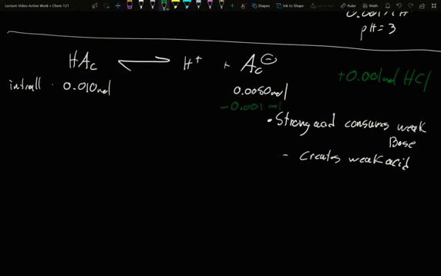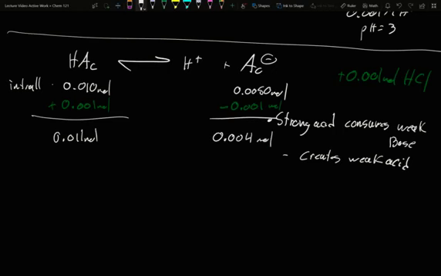And each time it does that, it creates some of our weak acid. So it's going to create 0.001 mole of our weak acid. This means they'll react and we'll have a new concentration: 0.011 mole of our HAC and 0.004 mole of our weak base.